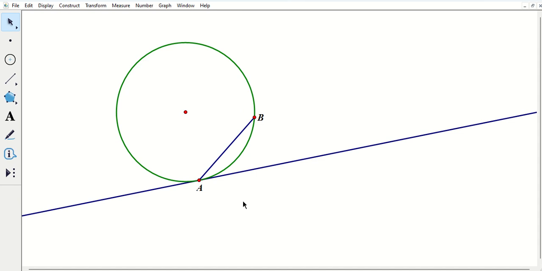Okay, so now what I want to do, I want to construct or subtend an angle at the circumference of a circle. So meaning that I have to use the chord to form the angle at the circumference.